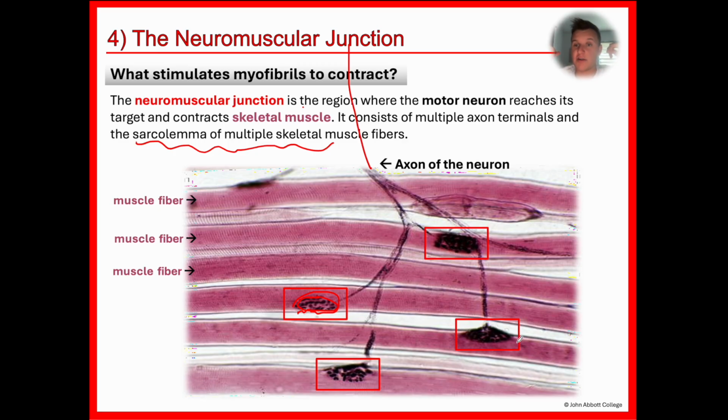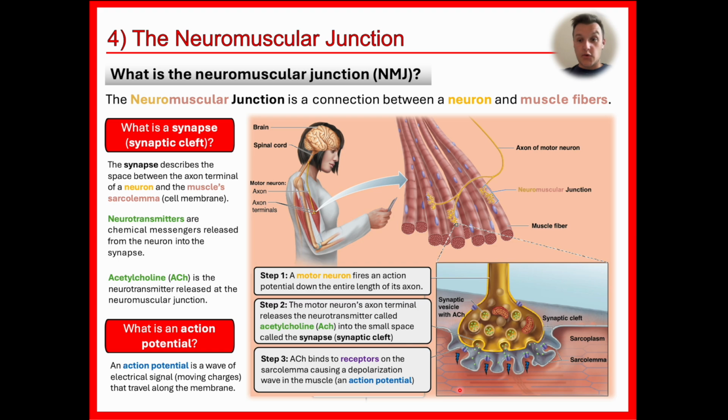That's part of the neuromuscular junction. It's the junction between the neuron, the nerve, and the muscle. And because it branches out like this, you could actually have many skeletal muscles that belong to one neuromuscular junction. All right, so now we're going to talk about what is the neuromuscular junction.